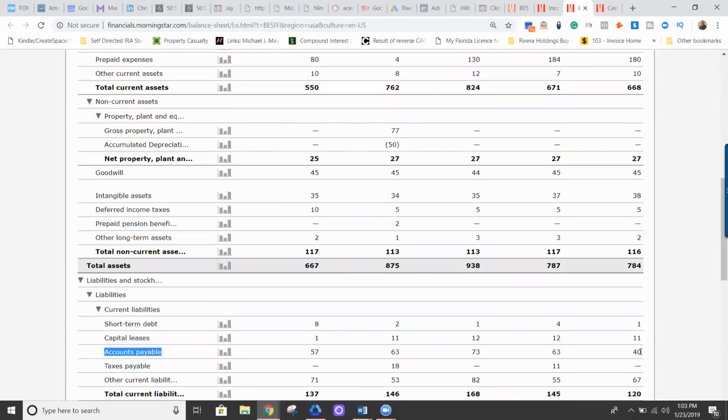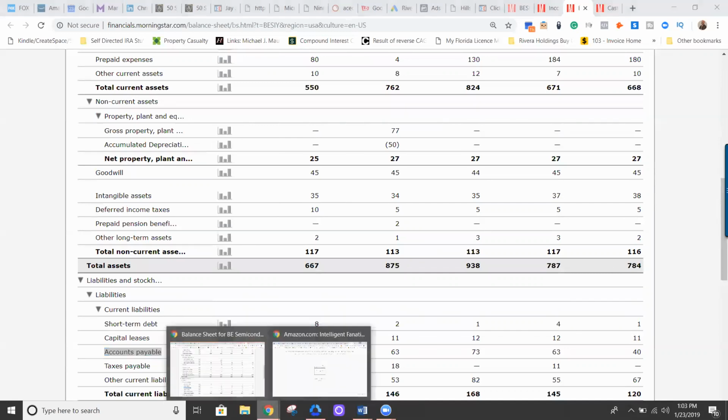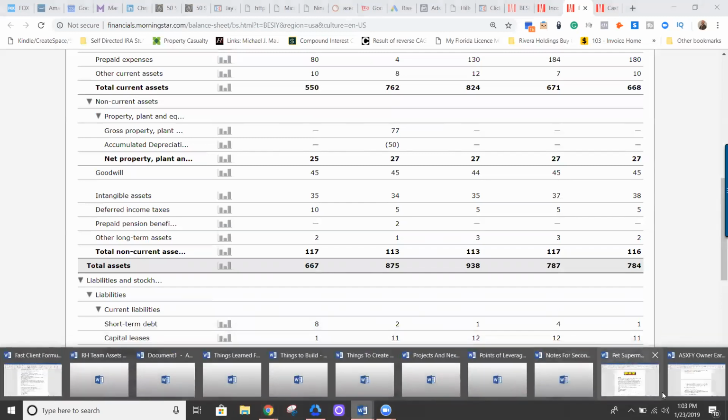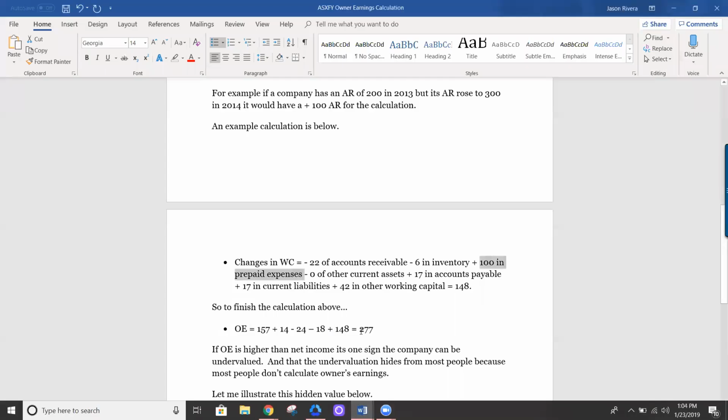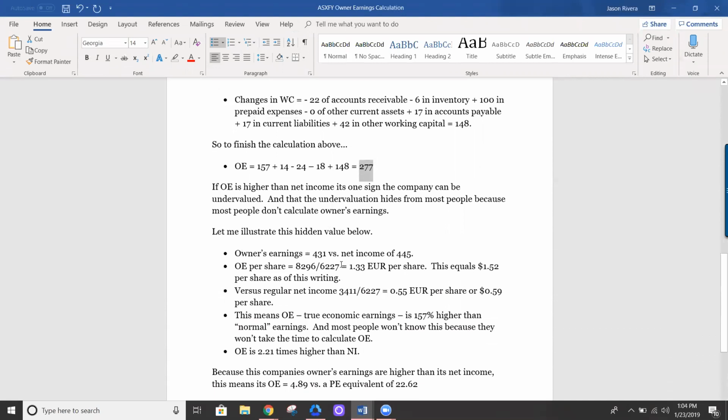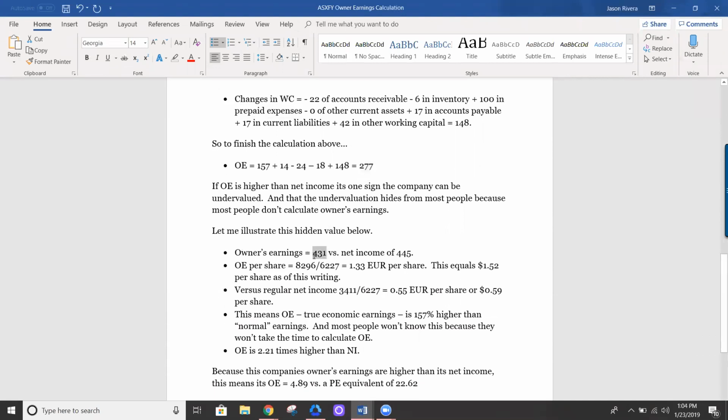So they can use those extra resources, in this case about $100 million, or actually in this case about double, what was the number? So 277, they can essentially use this number to invest in other assets. This also means, as we'll talk about down here, that in this case the company is probably massively undervalued. 157.